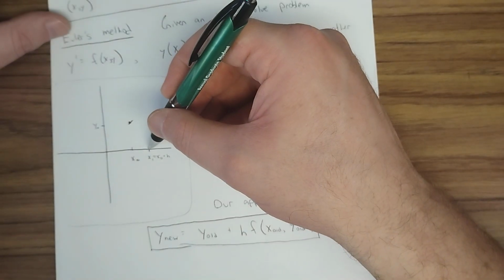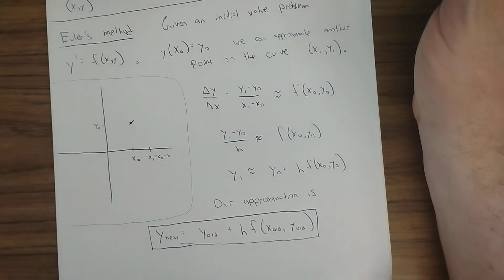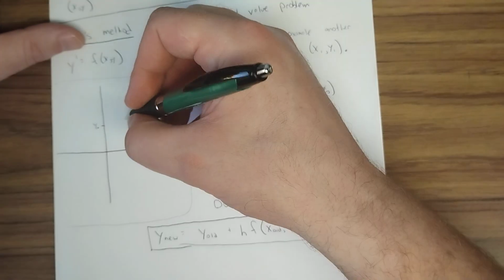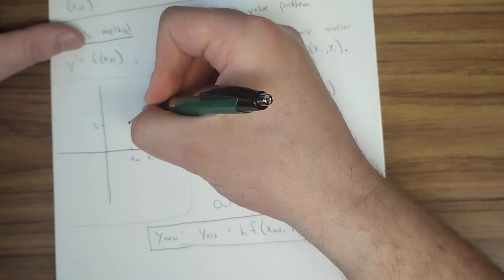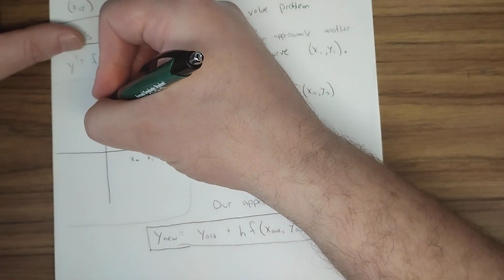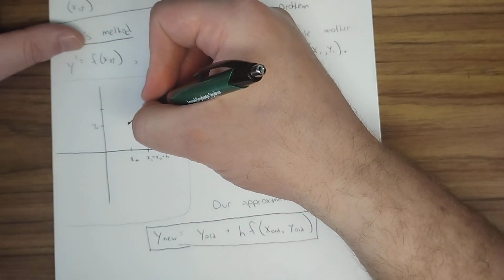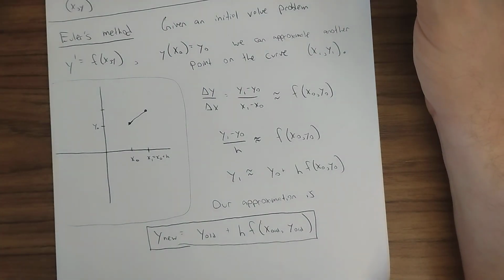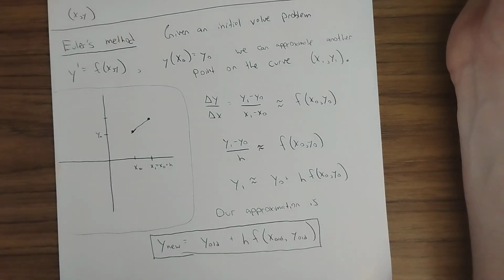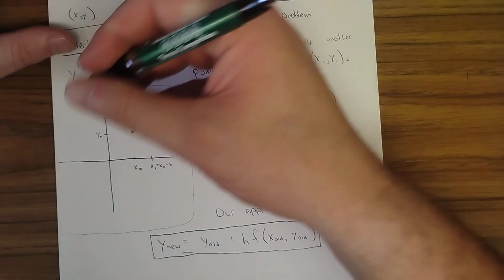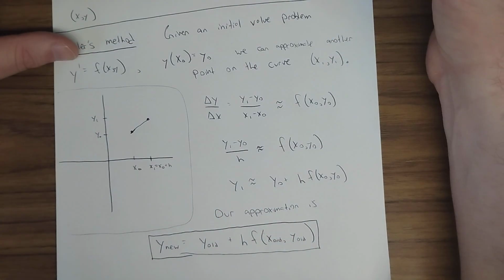If I want to approximate this nearby point, one idea is I can just act like my curve is a straight line. It probably isn't, but just for an approximation, we can pretend that it is. It's just a straight line whose slope is whatever this is. We can call that y1.